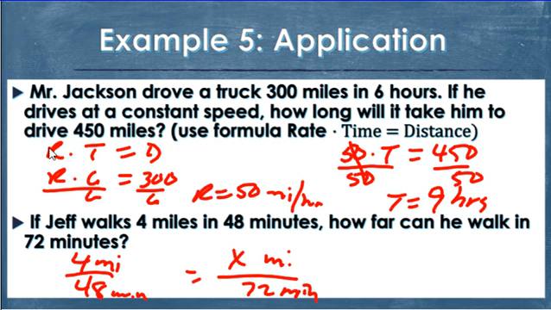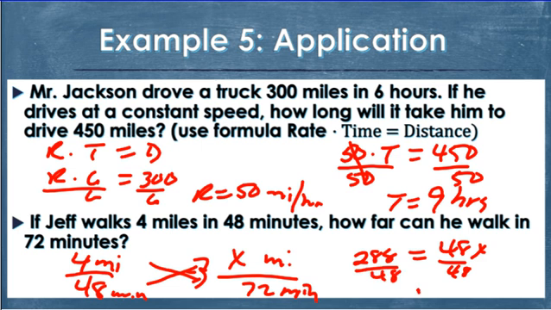If we cross multiply, 4 times 72 gives us 288 equals 48x. Divide that by 48. X would have to equal 6 miles. That is our lesson on rates, unit ratios, and unit rates.